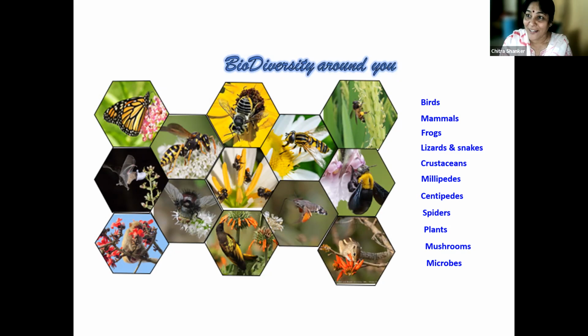I know some iNaturalists here from Hyderabad who pick up centipedes in their hand, which I would never do. Some think it is creepy-crawly, but it is very interesting to some people. So millipedes, centipedes, spiders, plants, mushrooms, and even microbes. I think Swarochi has got a very good interest in plant diseases now, which are caused by microbes. So you can have an interest in anything you want, and you can record anything and post.